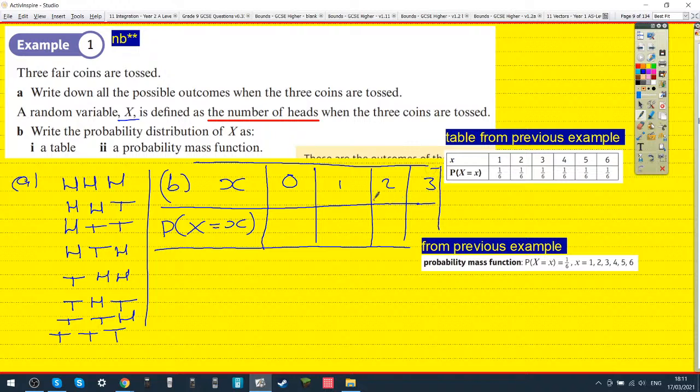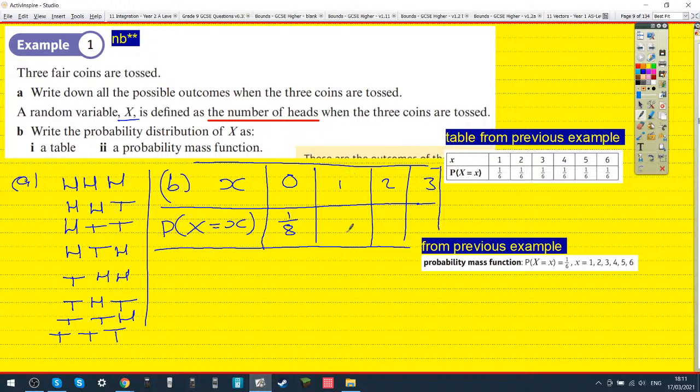Probability of each. They're all 1/6. No, that's, how many have... sorry, 1/8. Okay.